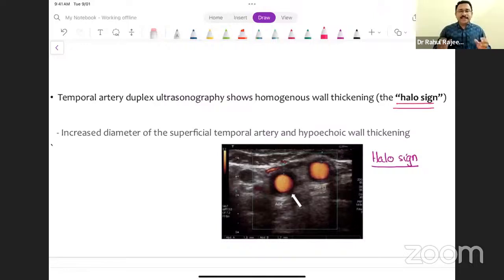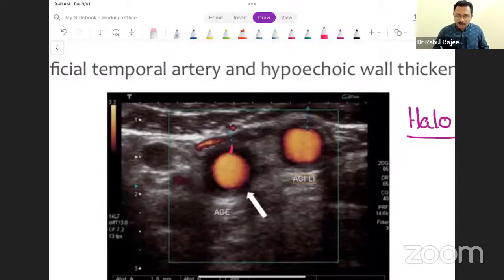And what is the reason for this? You know that giant cell arteritis can involve the superficial temporal artery. The vessel can be dilated and tortuous, so there can be an increased diameter. So the thickness of the temporal artery will be more, and that will be shown as this hypoechoic region.